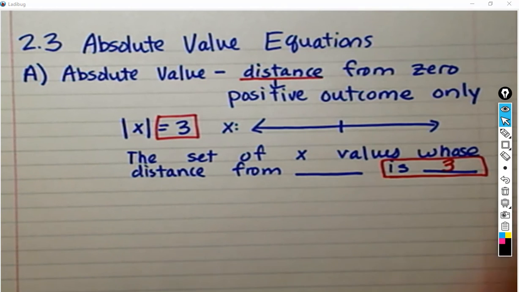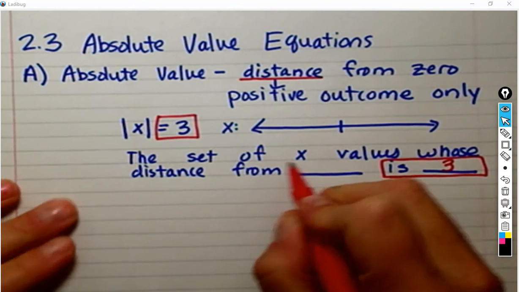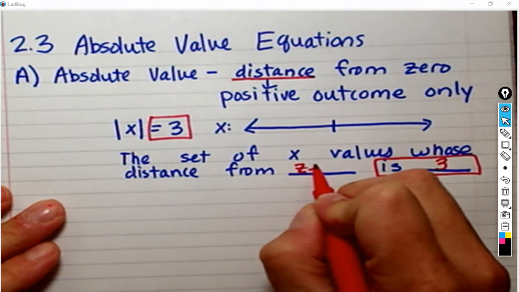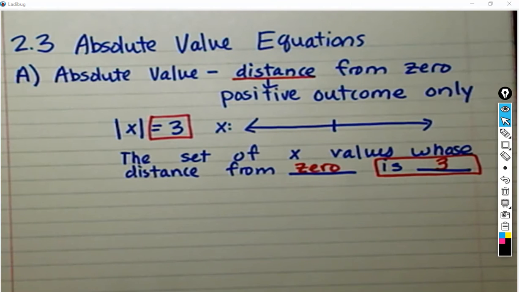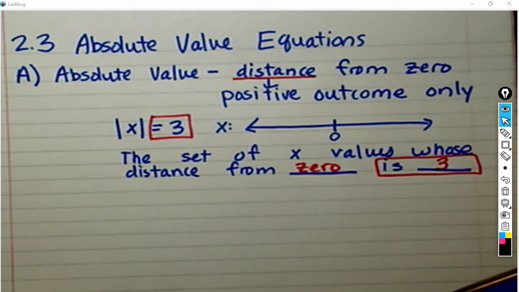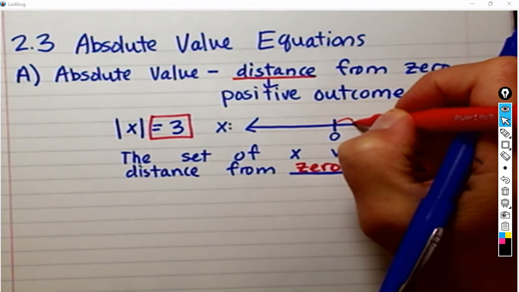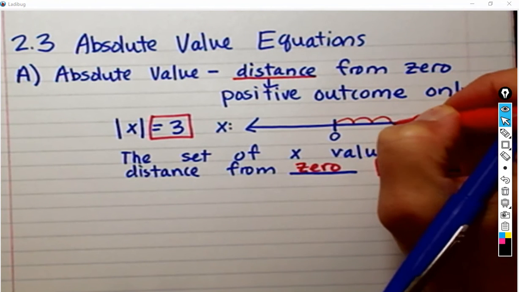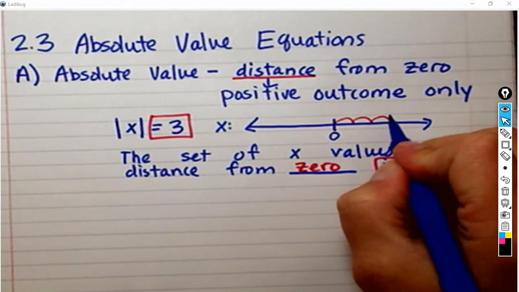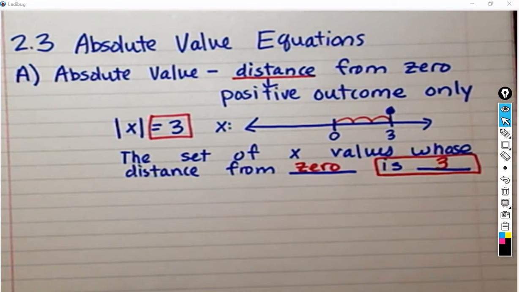This number here on the other side of the equals is the number that is representing the distance when you have absolute value here. So here's 0 on my number line, and I want to represent all the things that have 3 as their distance. Okay, that's 3. 1 dot has a distance of 3.